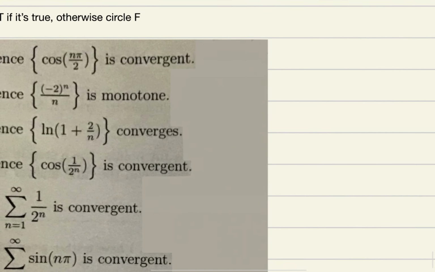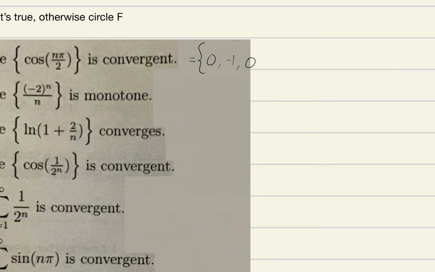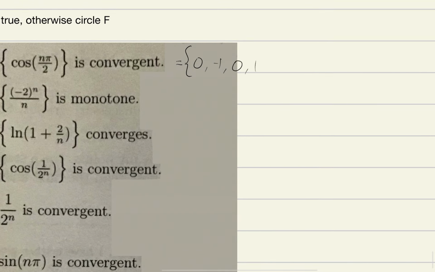To test this, we can just write out some of its values. When we plug in 1, we'd get 0. When we plug in 2, we'd get -1. When we plug in 3, we get 0. When we plug in 4, we get 1.